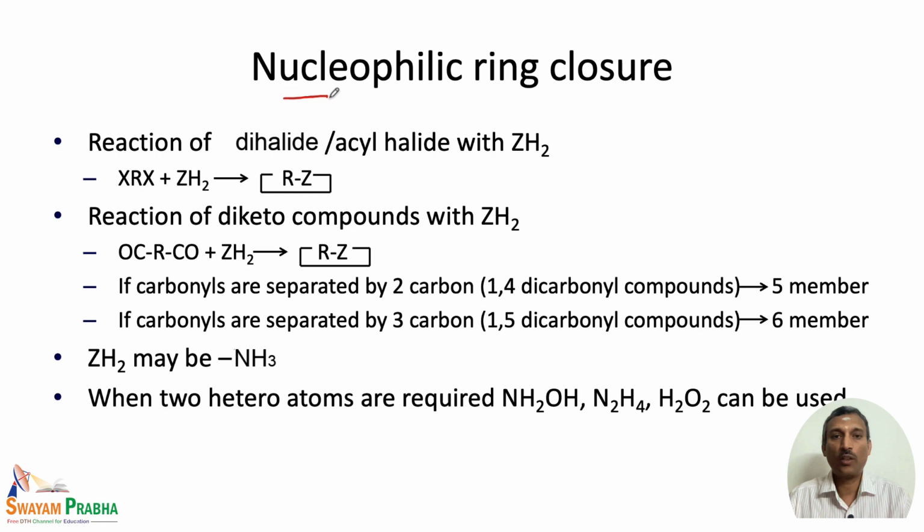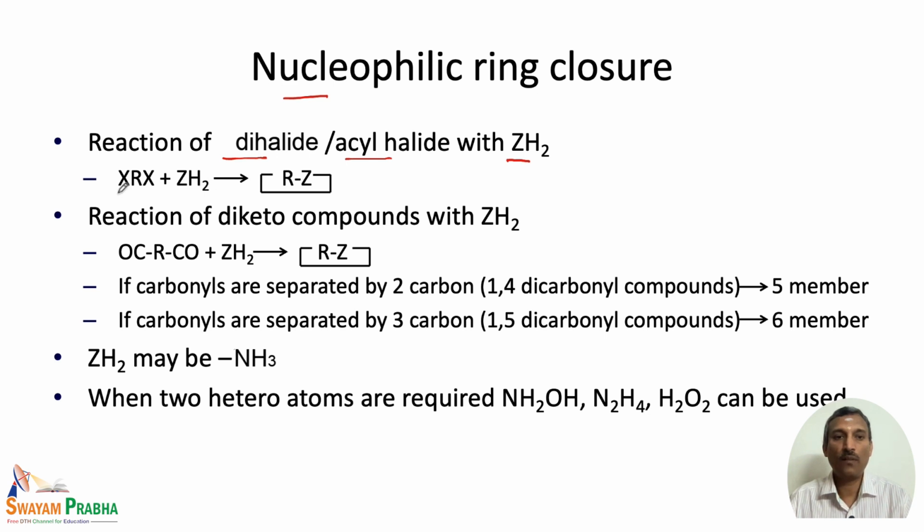So let us look at the nucleophilic ring closure, which is the most important reaction for heterocycle formation. Here, the reaction of alkyl halides or acyl halides with the heteroatom and hydrogen are the different starting materials involved in the nucleophilic ring closure.